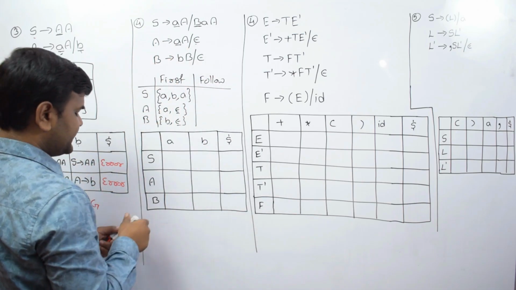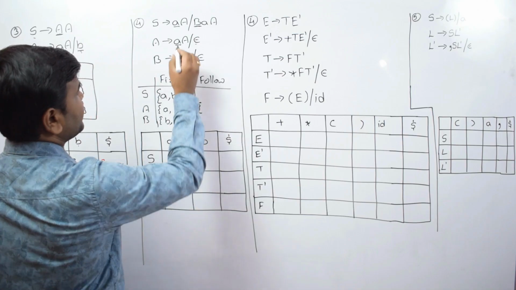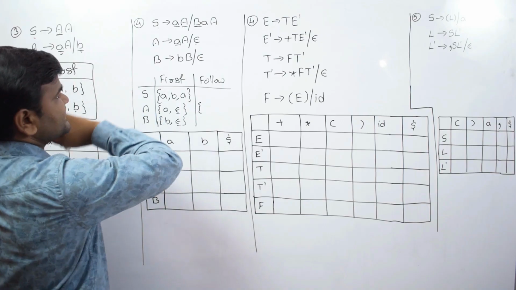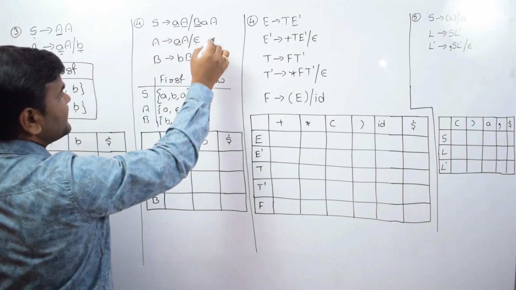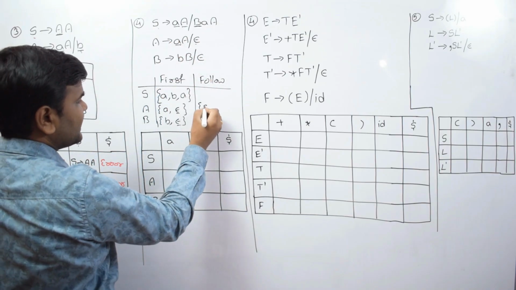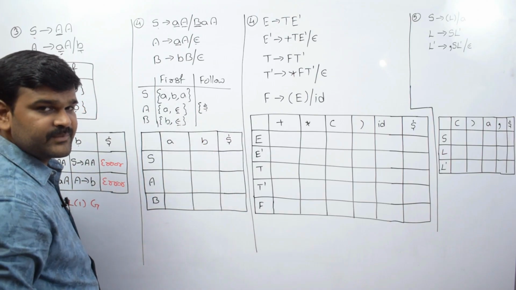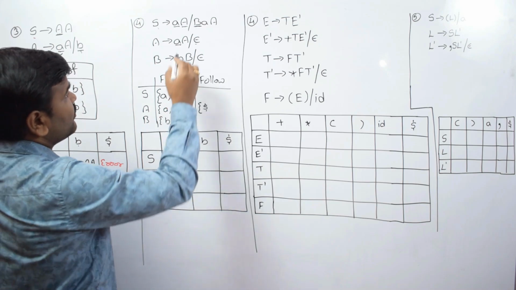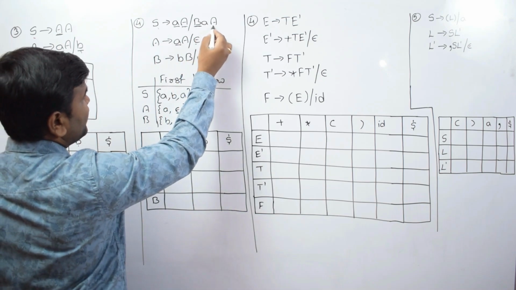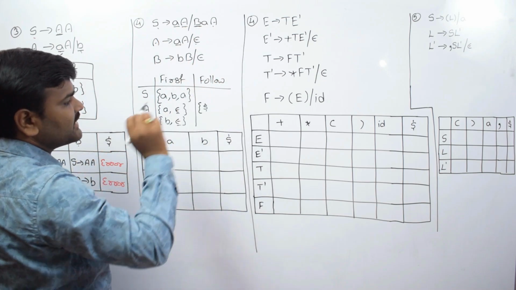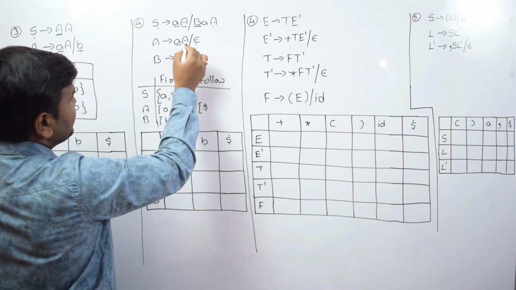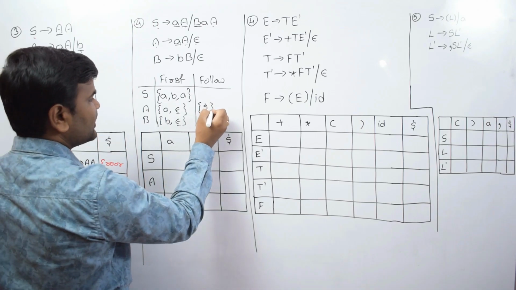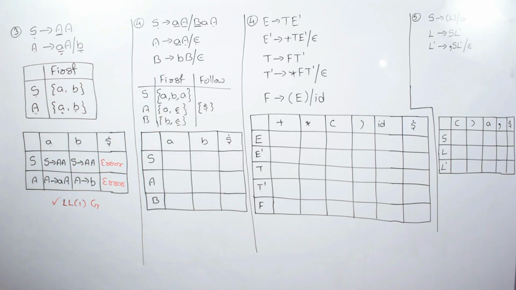So follow of A is what? Here follow of S actually. So follow of S, this is the start symbol, so dollar will be there, first thing. Then A does not exist anywhere else, so that's it. Now A also exists here, follow of A again is follow of S, so the same dollar. Now A exists here, follow of A will become follow of A only, so only the dollar symbol exists here.